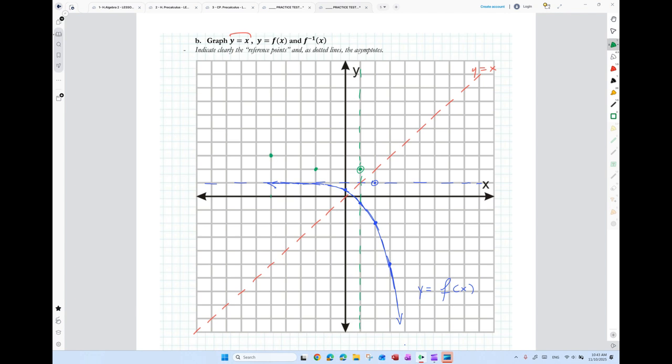Here we go. The point 1, negative 0.5 is going to become negative 0.5, 1. And 0.5 is going to become 0.5, 0.